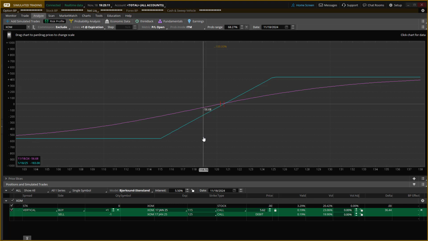And that might be one reason why you might get called away early. So for example, in this situation, if the stock did rally up to 125, it's just barely in the money, but there's a big dividend coming, you could understand how people might execute this contract to become an owner of the stock prior to the ex-dividend date, so they can collect the dividend on the position.